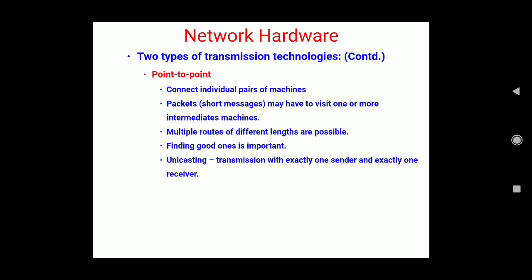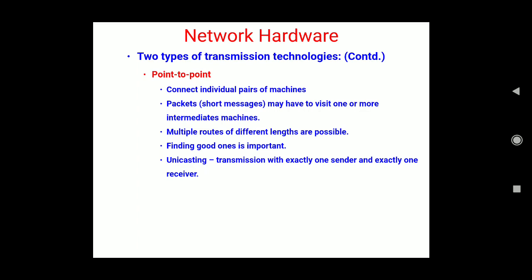The second is point to point technology, as we have just seen in the diagram. Here the connection is between individual pairs of machines. The short messages, which are called packets, may have to visit one or more intermediate machines. For example, if the nodes are connected like A, B and C, and A wants to communicate to C, A needs to visit B in between to reach C. Multiple routes of different lengths are possible.